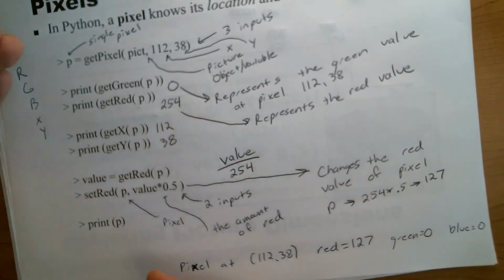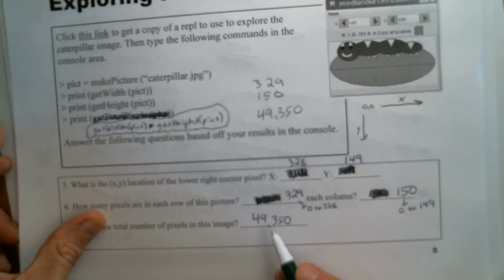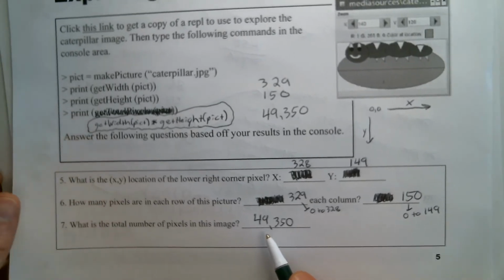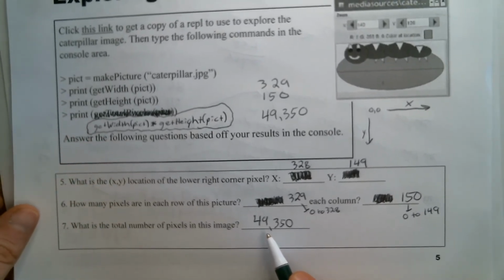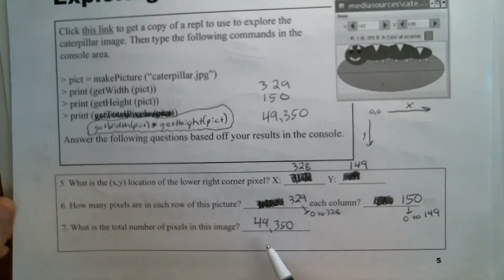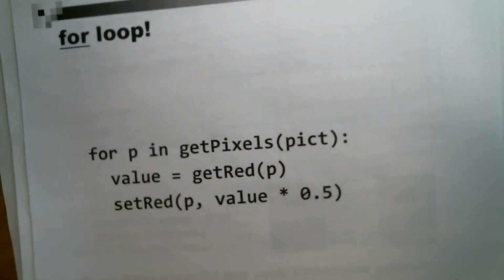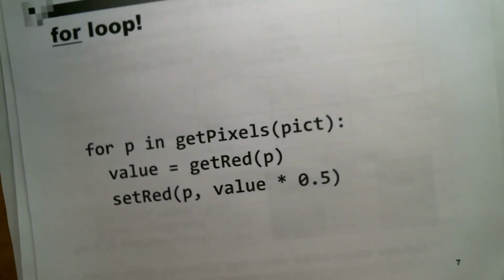Now, this works for a single pixel, but we already saw that a pretty small picture still has almost 50,000 pixels. So we need a way that we can do this without having to go through each pixel one by one by one, because that would take forever, right? Enter the for loop, all right?